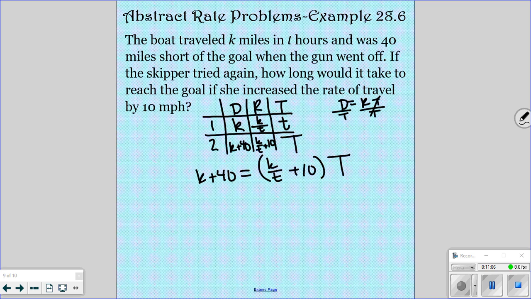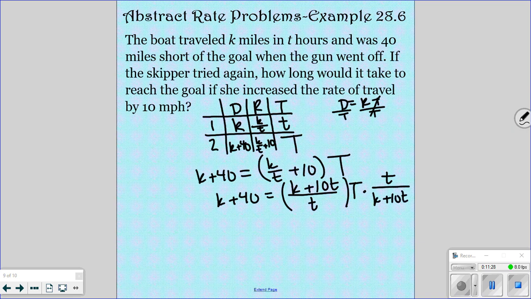So now if we solve this equation, we first need to make this one fraction. So K plus 40, and then our denominator would be T. So we would have K plus 10T. And then you can multiply both sides of your equation by the reciprocal, which is T over K plus 10T.